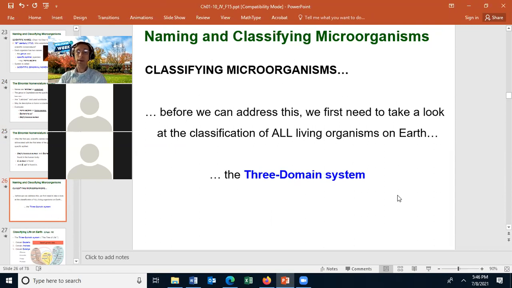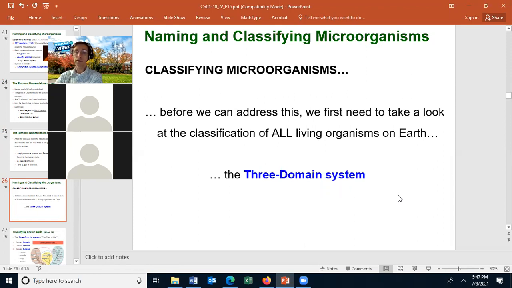So when we're naming and classifying things, you should understand that why we classify things is to group them in similar categories, meaning everything that's in the same group is similar. And before we talk a little bit more about classifying, we need to look at how we classify all living organisms.